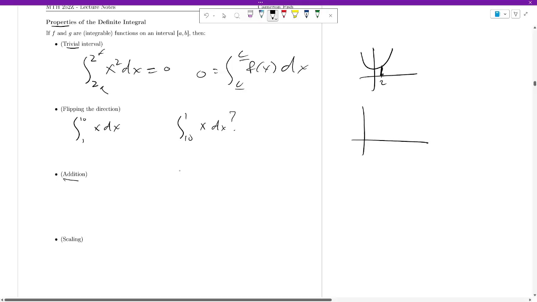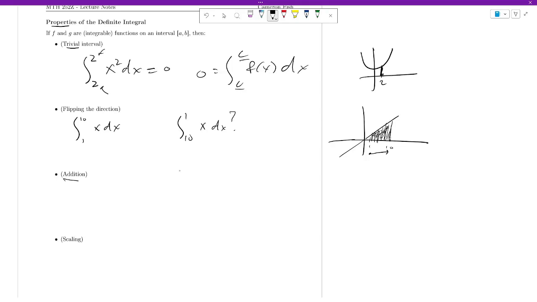You just have to think about what it means a little bit. If I do y equals x, here's my function. If I go from 1 to 10, that's my area. I'm thinking about this as I start at 1 and I go to 10. As I go, I'm accumulating more and more area as I go to the right. So that's what the original is doing.